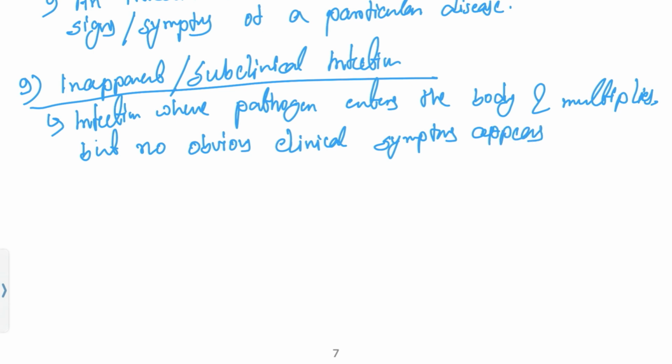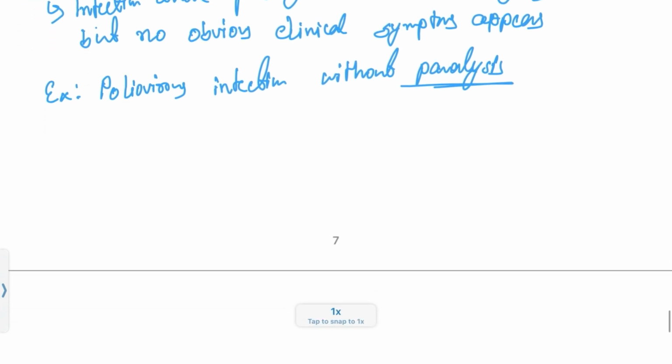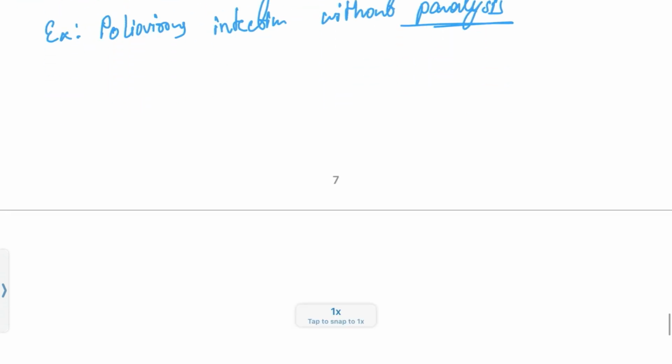We know the definition of infection: the pathogen will enter the body, multiply, damage the surrounding body tissue, and signs and symptoms will show. But here the patient is not showing any signs and symptoms. That will be coming under subclinical infections. An example is poliovirus infection without paralysis. The patient is suffering with poliovirus infection, so should show paralysis, but is not having any paralysis. So that will be coming under your subclinical or inapparent infections.